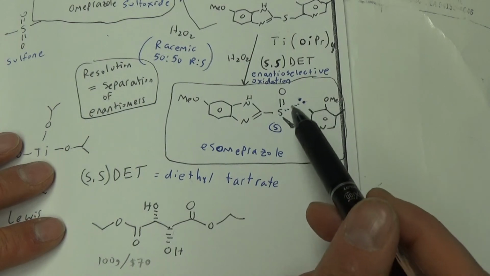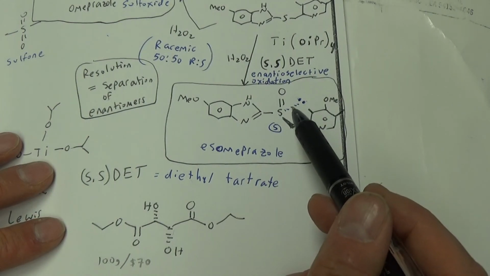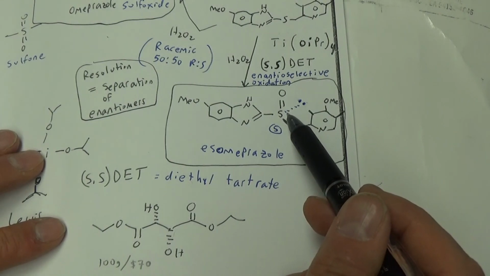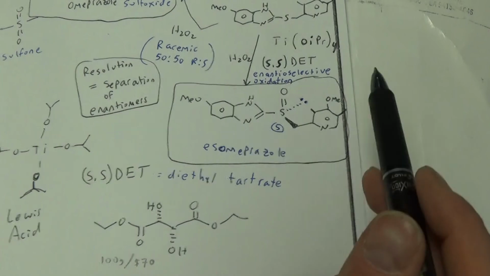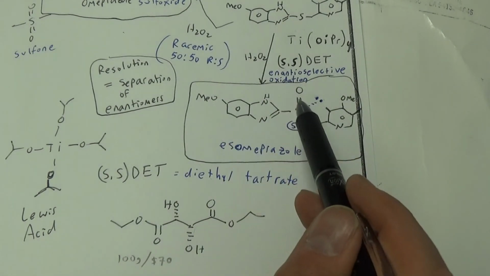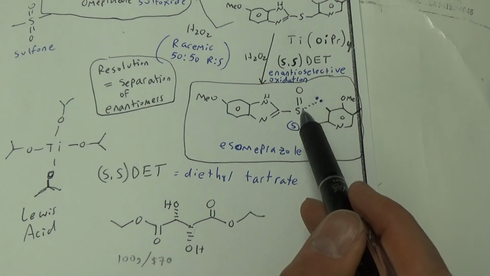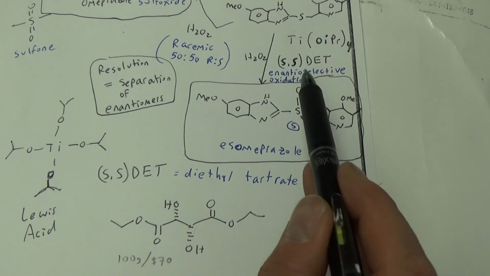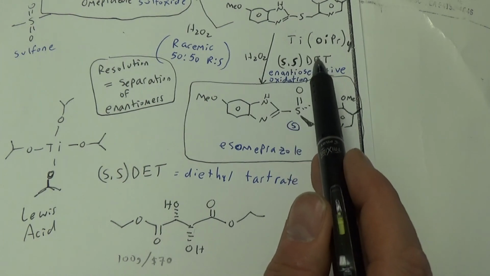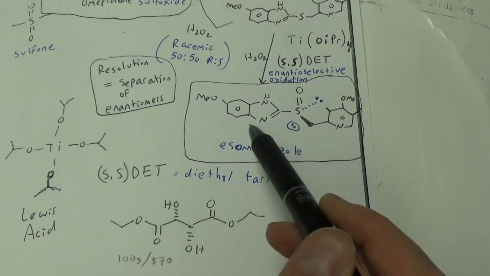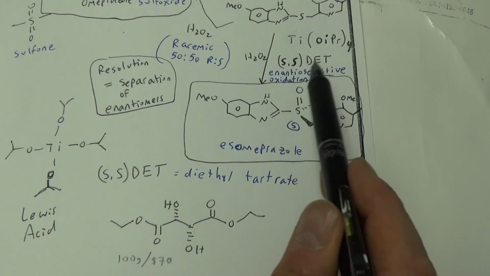What if you want to make the R sulfoxide instead of the S sulfoxide, how would you do it? What would you do differently? It's very easy, but just think about it. What would you do differently if you want to make the enantiomer of this? Maybe you should use the enantiomer of SS, right? And that's right. So if you want to make the R esomeprazole, you would use RR diethyl tartrate.